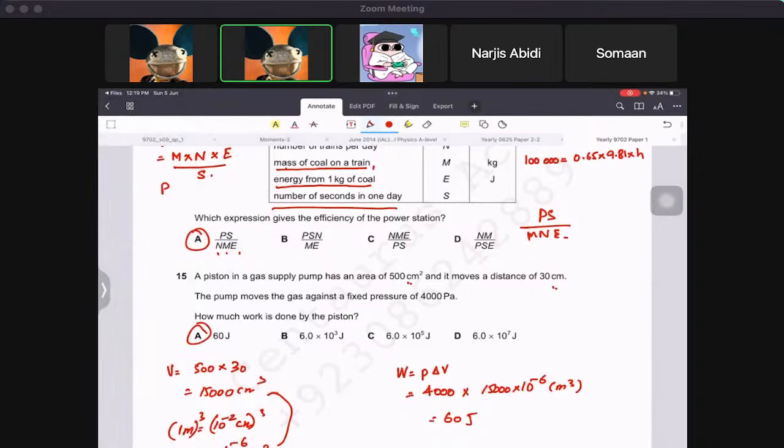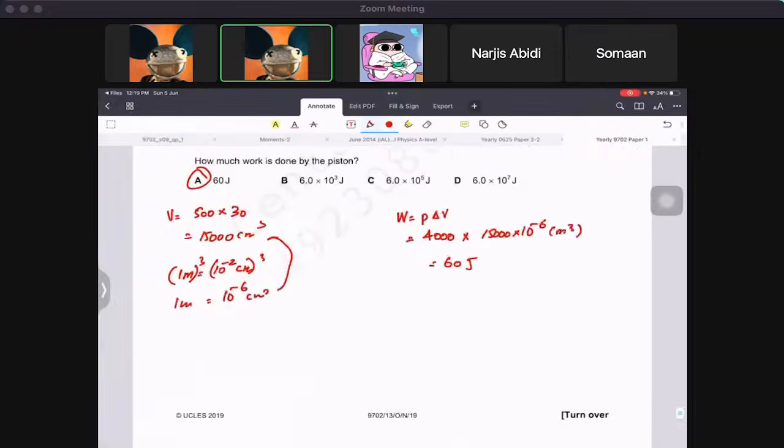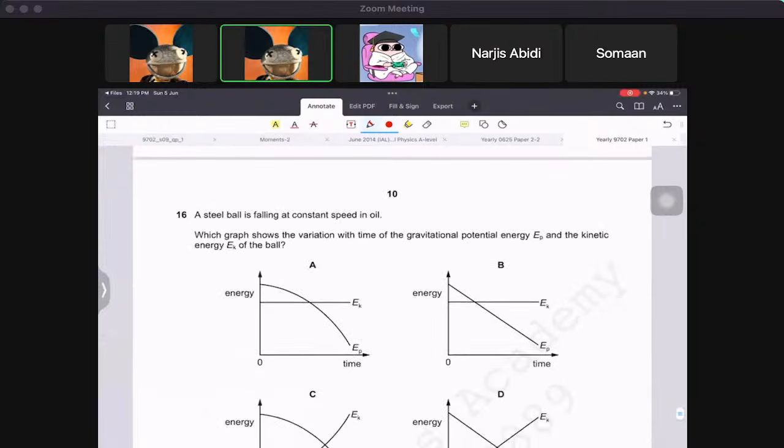Pretty good. Now, a steel ball is falling at constant speed in oil. Which graph shows the variation with time of potential energy and kinetic energy of the ball? Constant speed means the kinetic energy is the same. So either this is correct or this is correct. These are wrong. Okay, and then it's falling down, so gravitational potential energy would decrease.